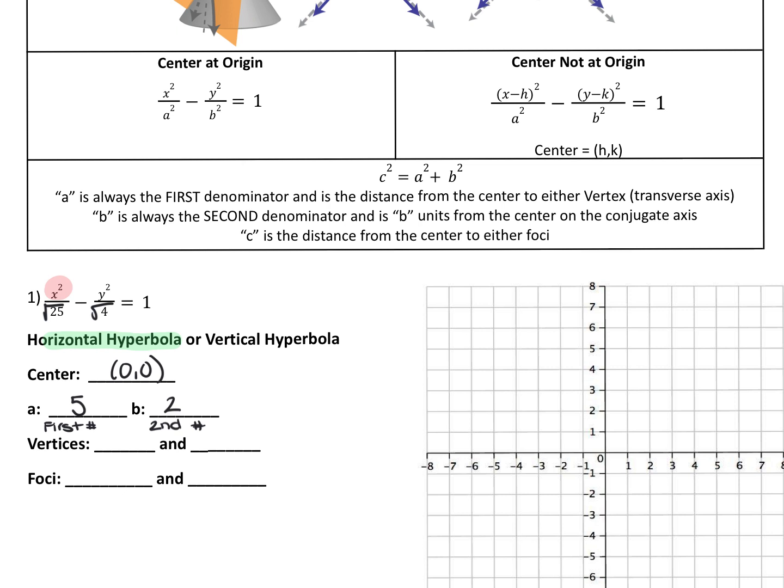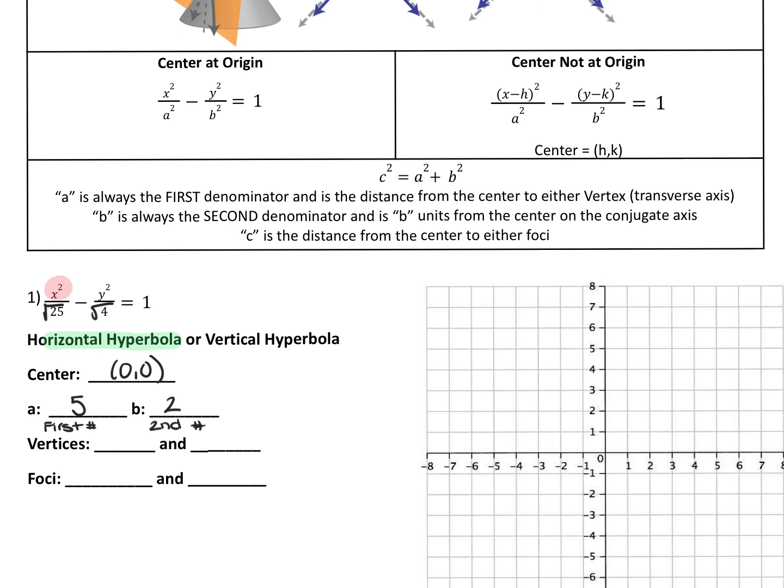If the y squared were to come first, then it would be a vertical hyperbola. So the real main difference between an ellipse and a hyperbola is that the tops are now going to switch. The bottoms are always going to stay the same. So the bottom 25 and 4 will never change. The square root of the first number is always A. The square root of the second number is always B.